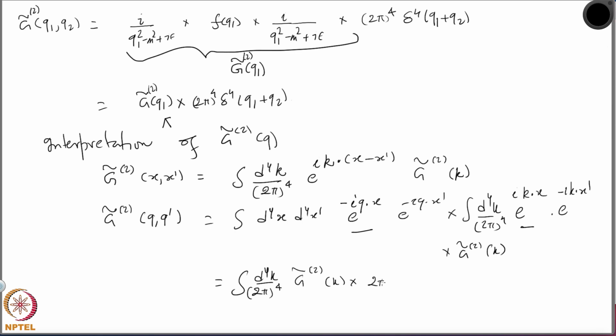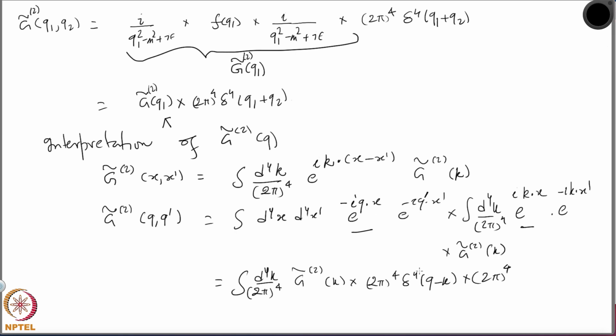So you get 2 pi to the 4 delta 4, this one and this one gives q minus k, and x prime integrals give q plus k. Something wrong. Some primes are missing. Sorry, here should have been a prime.